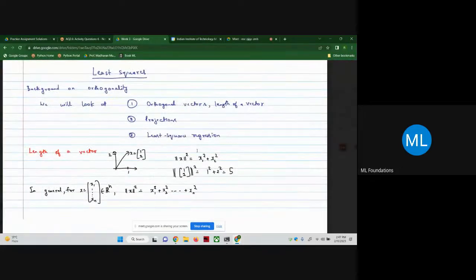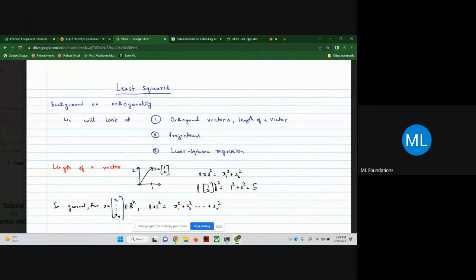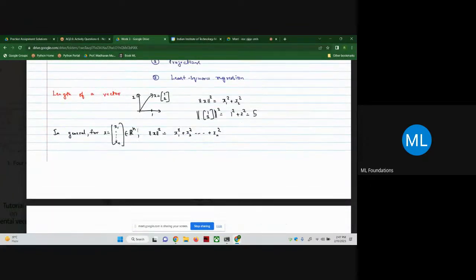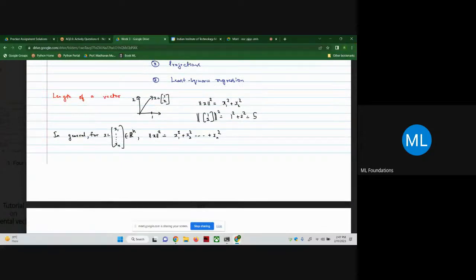The next important concept is orthogonal vectors. Before we get into orthogonal vectors, we can look at the length of a vector. You would already know that if a vector has components x1, x2, x3, and so on up to xn, then the length square is equal to x1 square plus x2 square and so on up to xn square.